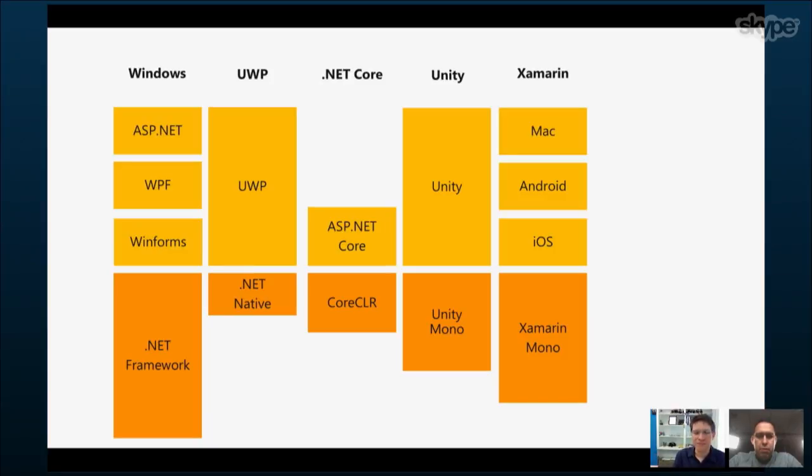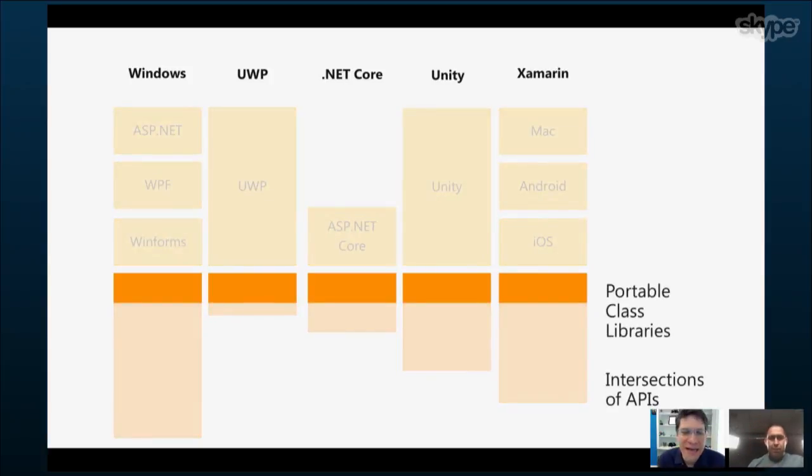So essentially, you target the least of everything, right? This is what they're called portable class libraries. And that means that if you want to share code across all these platforms, what you had to do was come in with a machete into your code base and remove everything that wasn't defined in this intersection, right? And there were different intersections, and it was always a little bit confusing.